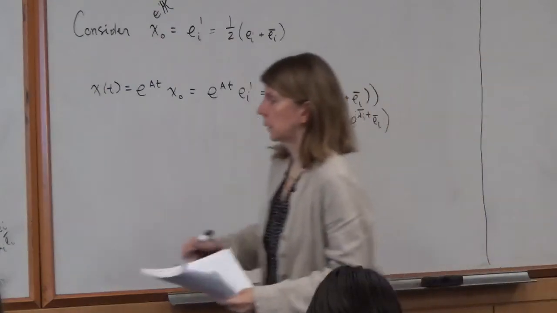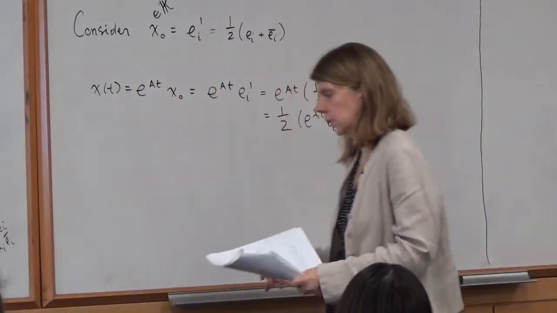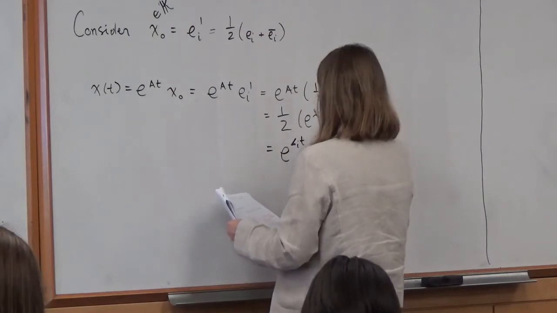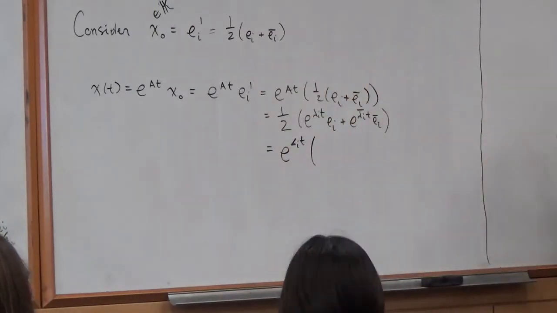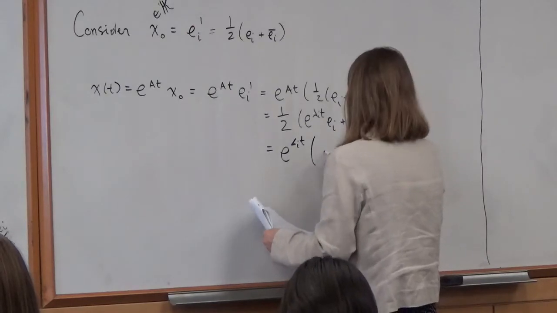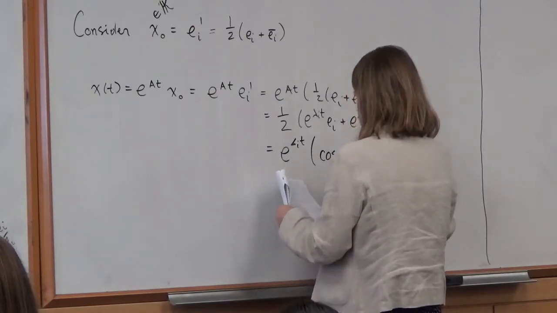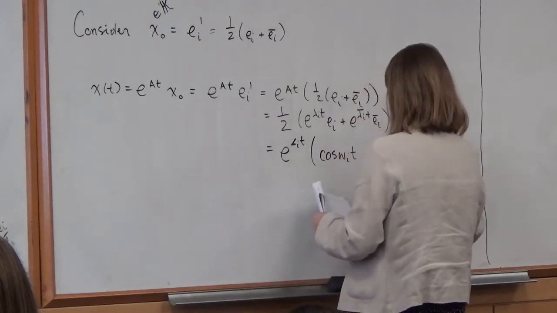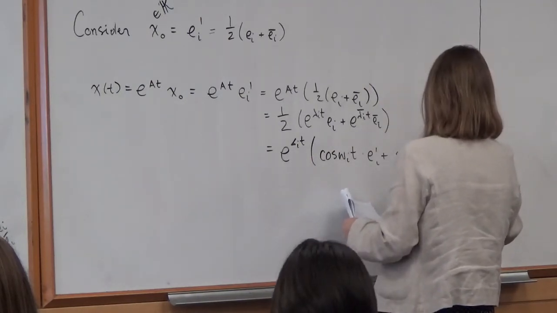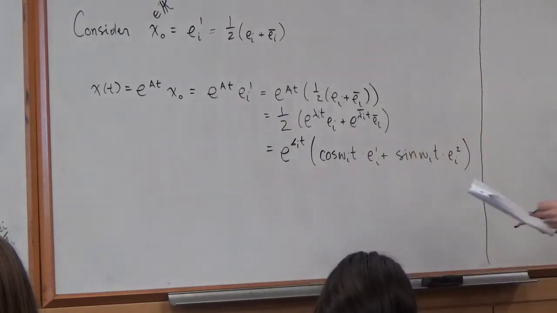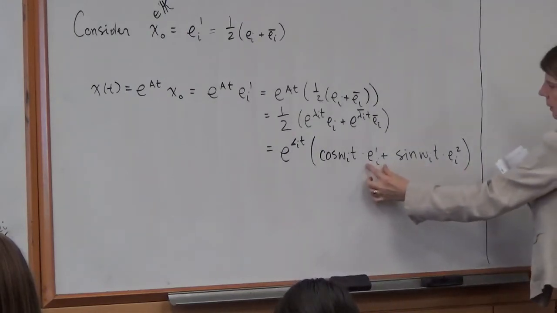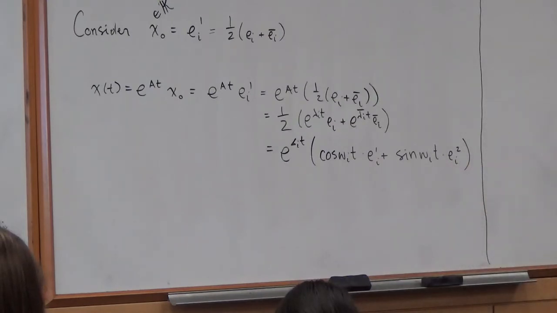And if I plug in the actual form of these eigenvalues, you can further write this as e to the sigma I t, and then I use the identity between the exponential representation and the cosine and sine representation to write that as cosine omega I t times ei1 plus sine omega I t times ei2, where this is the real component of the eigenvectors and that is the imaginary component of the eigenvectors.